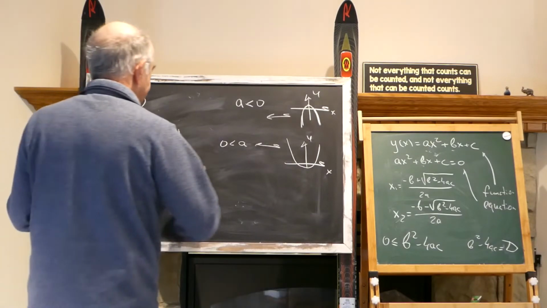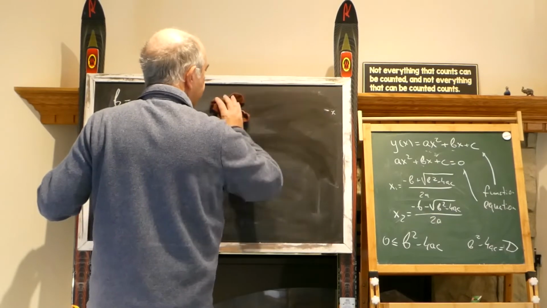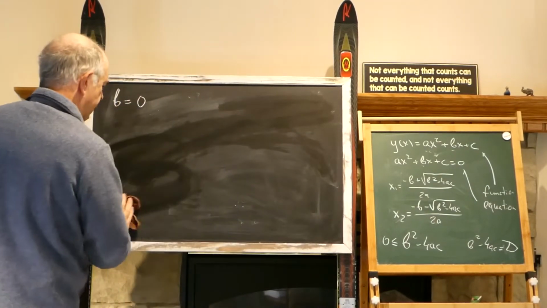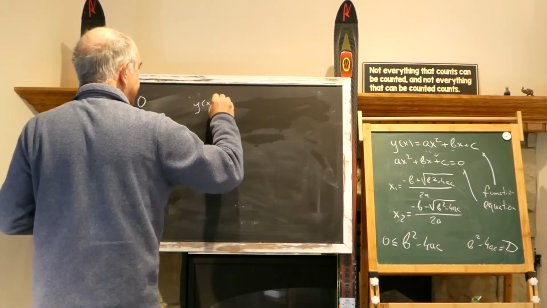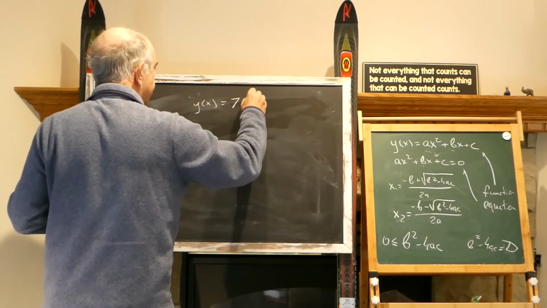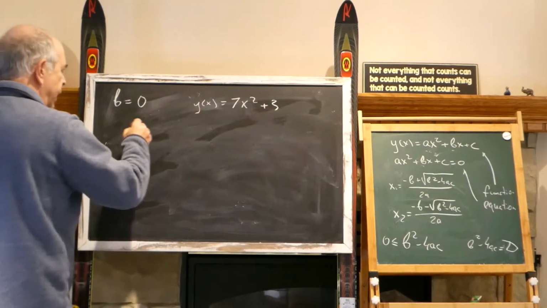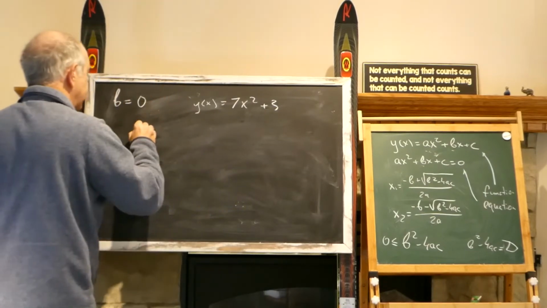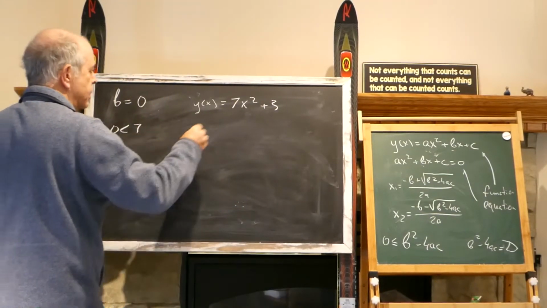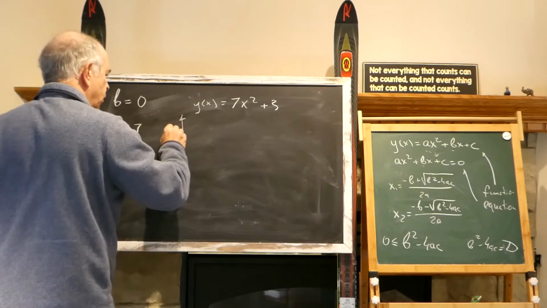Let's go with a couple more examples. So it would be, for example, y of x equals 7x squared plus 3. Okay, we know for a fact that a, 7, is greater than 0, so this parabola will be directed up.